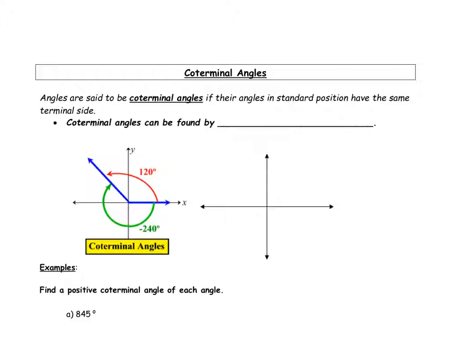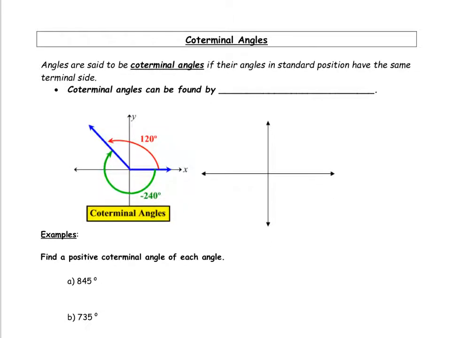This next page is all about coterminal angles. Angles are said to be coterminal if their angles in standard position have the same terminal side. Coterminal angles can be found by adding or subtracting 360. Okay, 360 degrees is one full circle. So watch, here's 120 this way, positive.